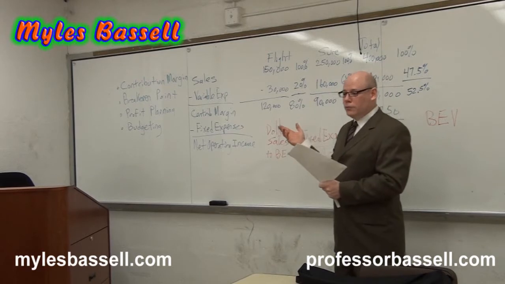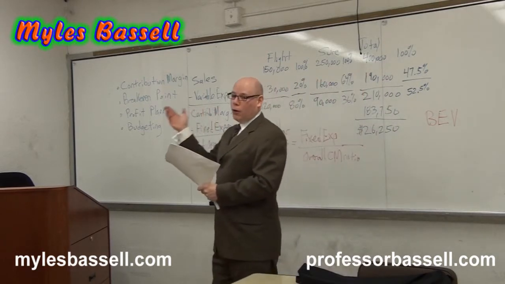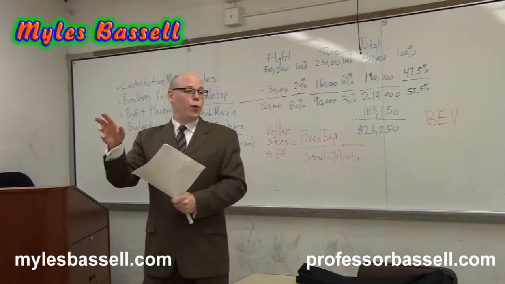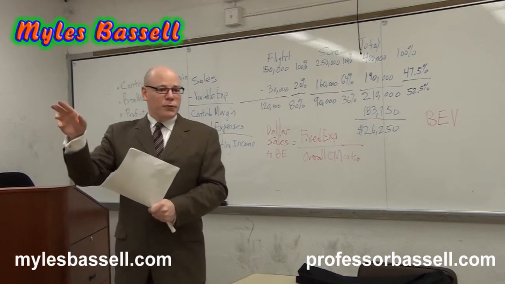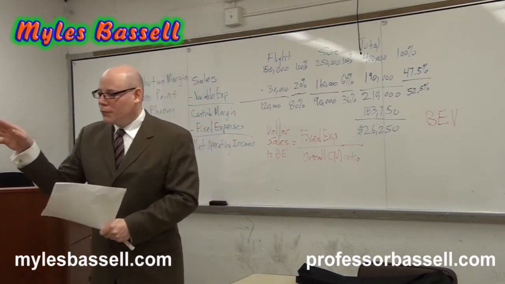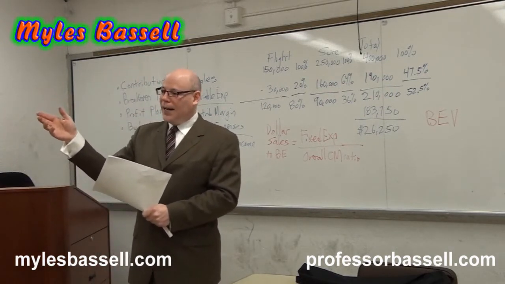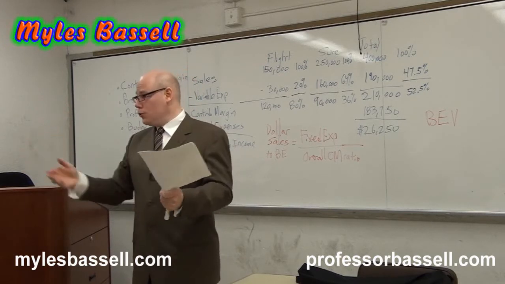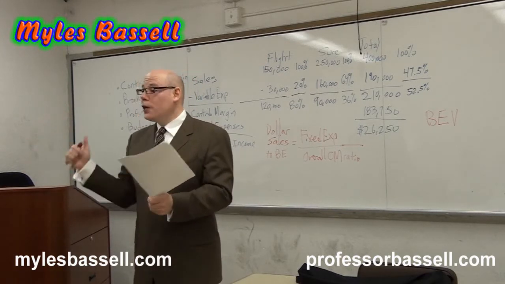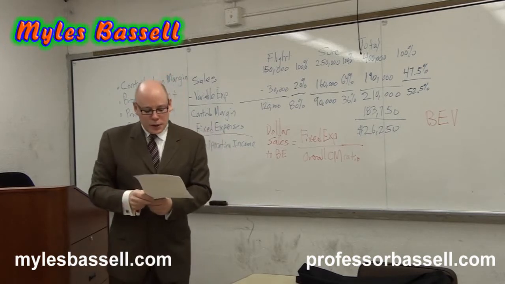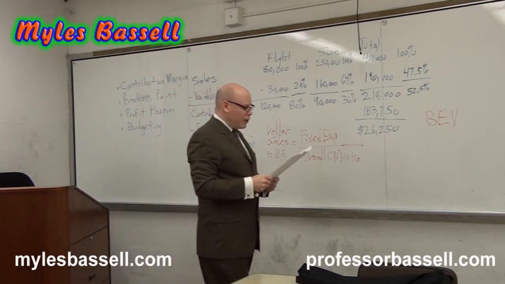So we need to know. Information is power. But more importantly, information needs to be actionable. And it's really only powerful if it's put to use. So this is critical that we know what the break-even volume is.